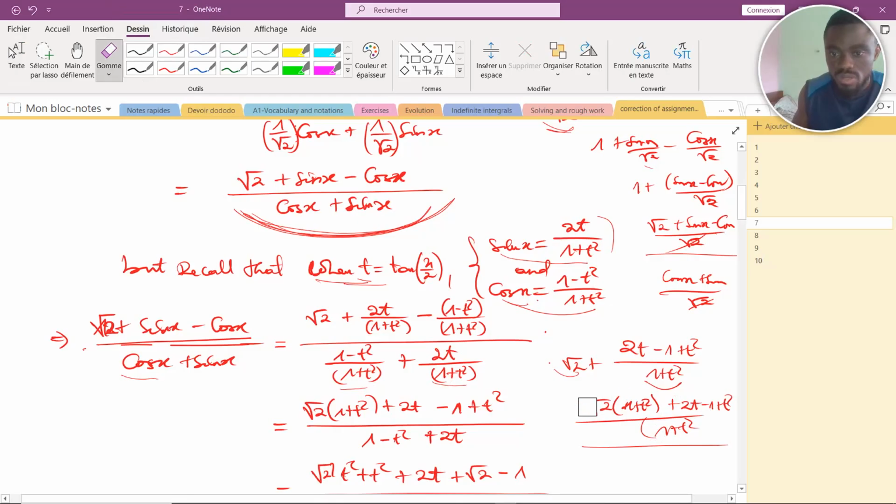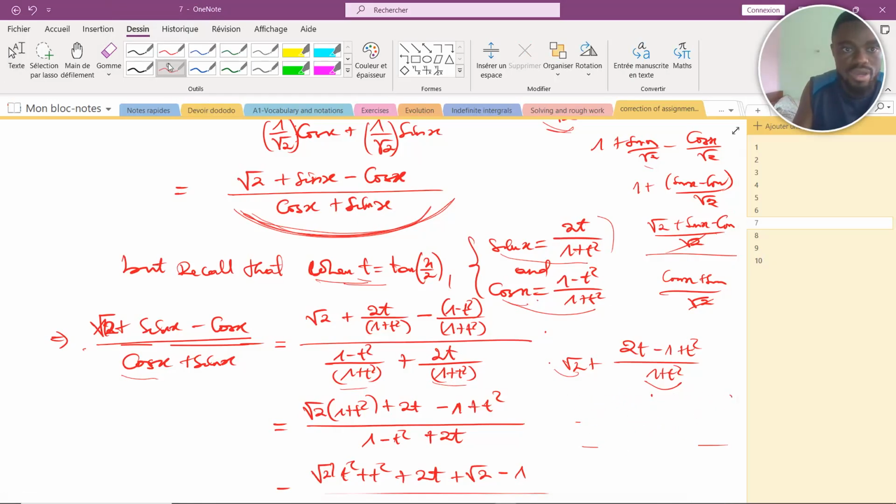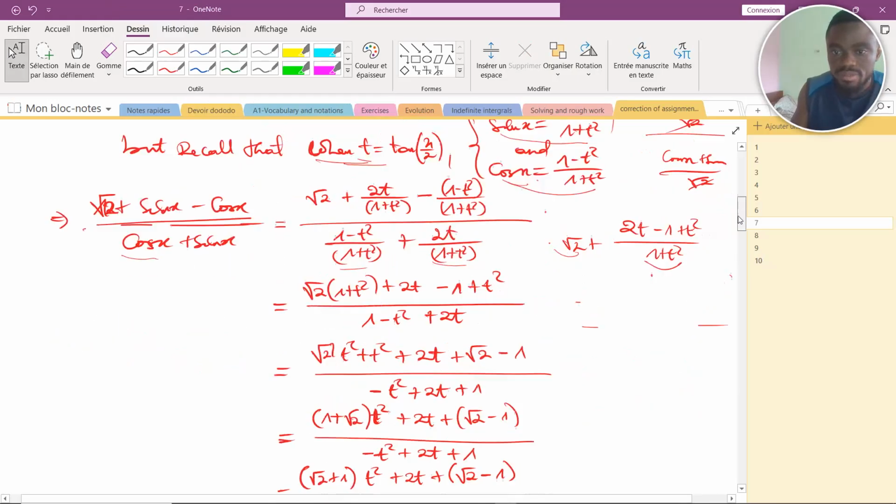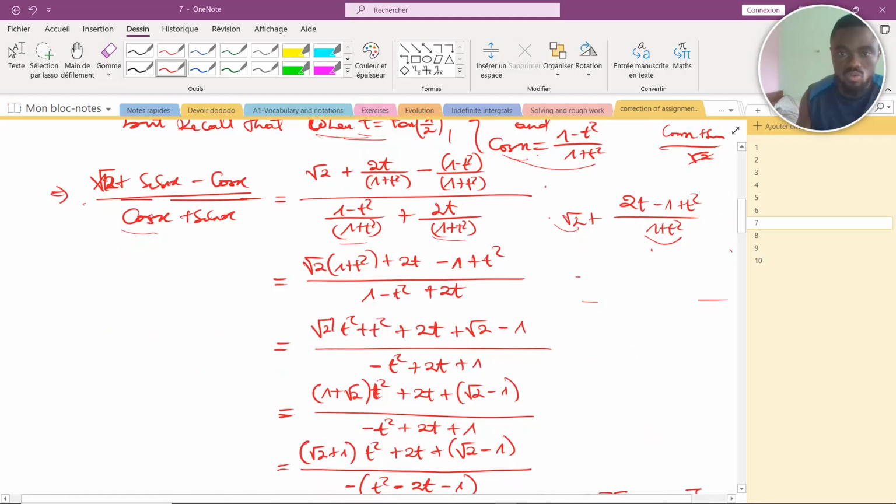So let me wipe this. So that's why when the 1 plus t squared goes, I'm going to be left with what? Root 2 into 1 plus t squared plus 2t minus 1 plus t squared all over this. Is that okay? Now, I'll rearrange things very well.